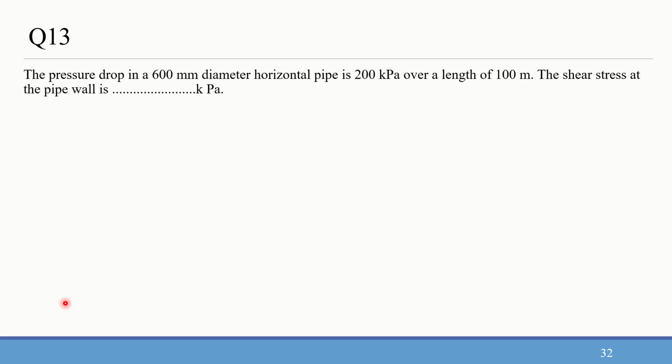Now we'll go to question 13. In question 13 it is given that the pressure drop in a 600 mm diameter horizontal pipe is 200 kilopascal over a length of 100 meters. The shear stress at the pipe wall is dash kilopascal.